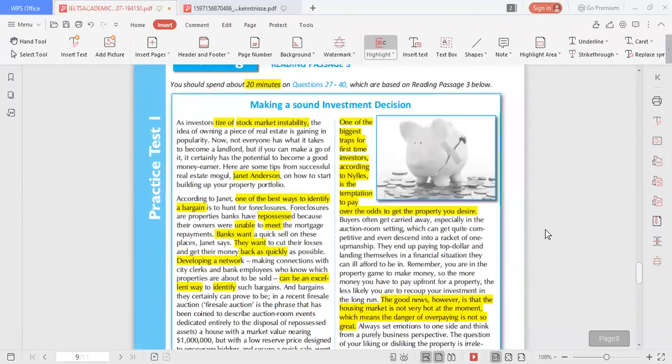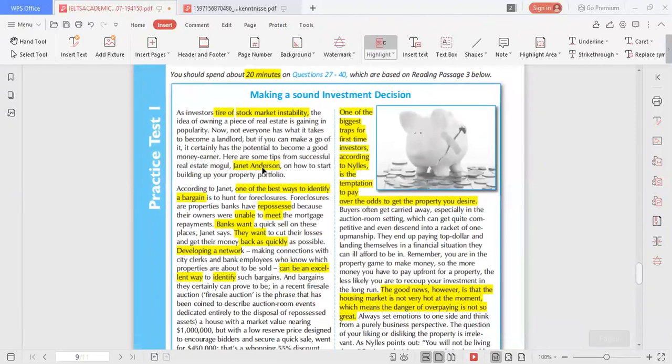So I read on and I come across the name Janet Anderson. So my sentence is this one, right? We start looking here. So you're reading, it's like, here are some tips from successful real estate mogul. Okay, so you see a real estate mogul, Janet Anderson.